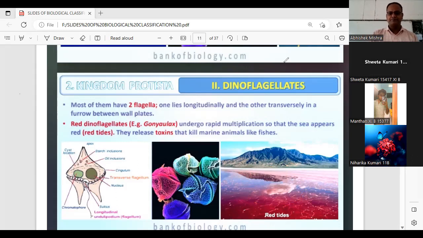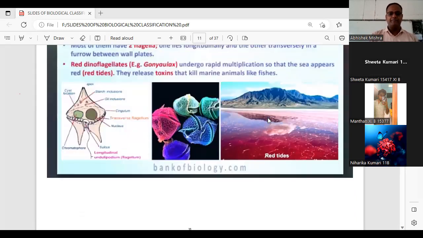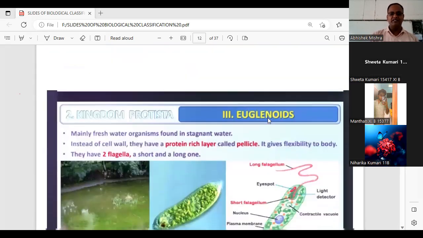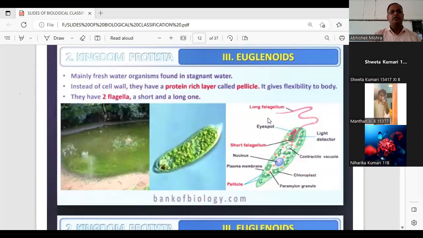Now, after the dinoflagellates, under kingdom Protista, the third group is euglenoids, mainly freshwater organisms found in stagnant water. Instead of the cell wall, they have a protein-rich layer called pellicle. So, under kingdom Protista, the third group we are going to study.